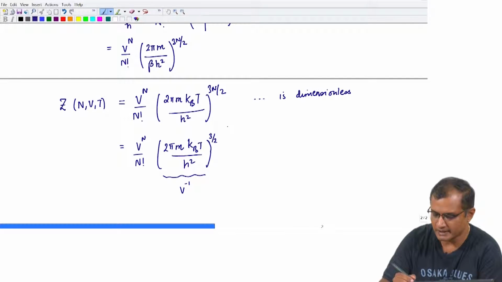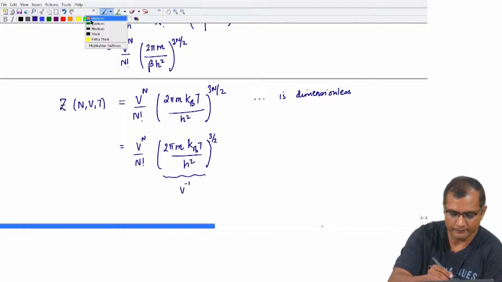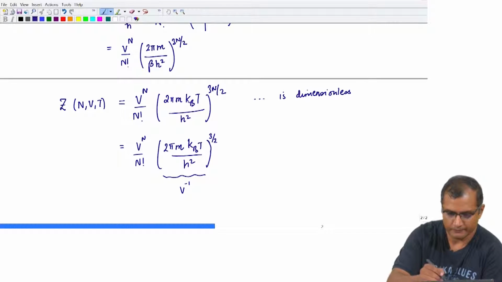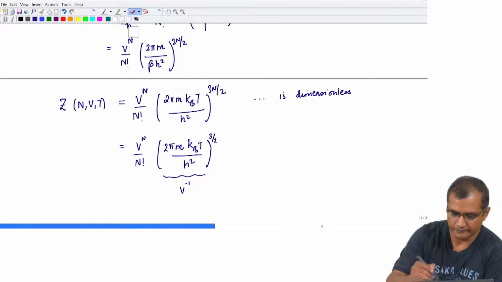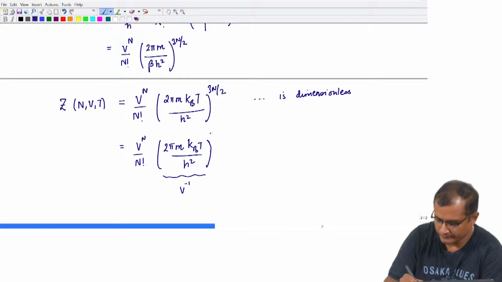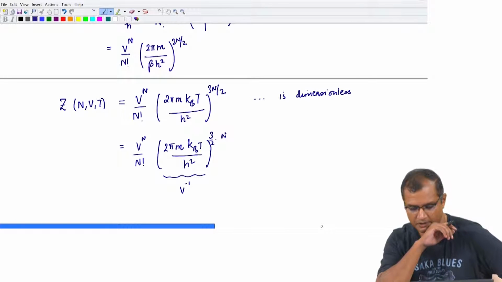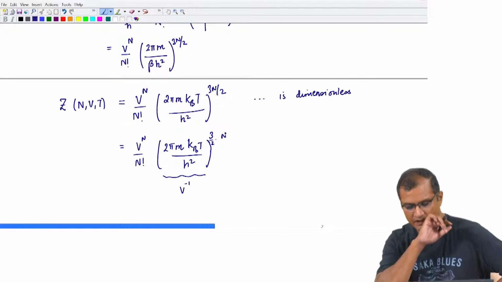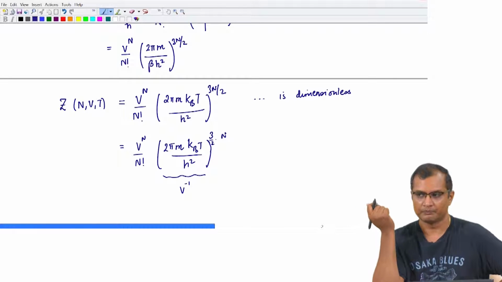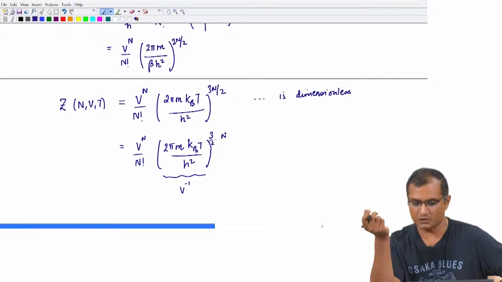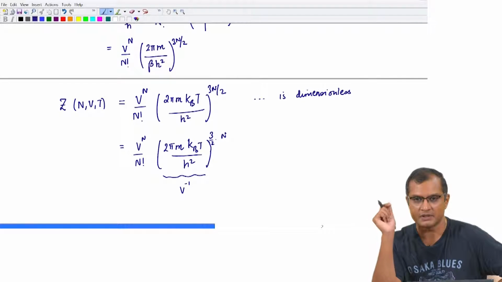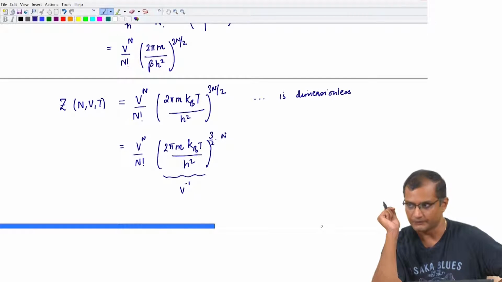So, the entire (2 pi m kT upon h squared) to the power 3 by 2 should have the dimensions of 1 upon volume, because then raised to the power N it has the dimensions of 1 upon volume to the power N. Okay.